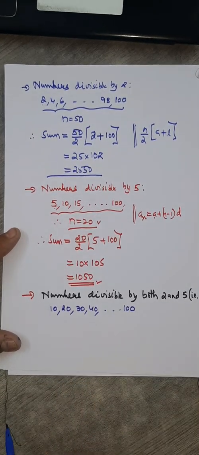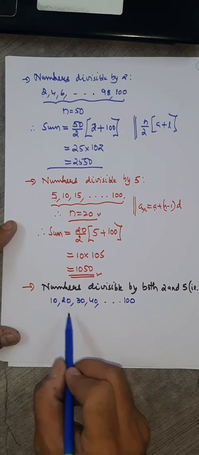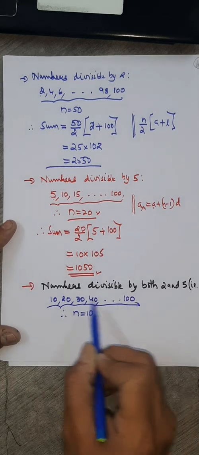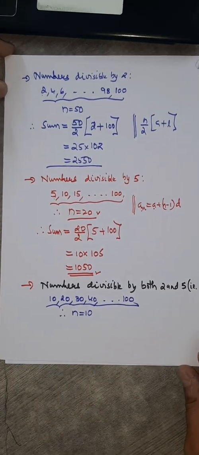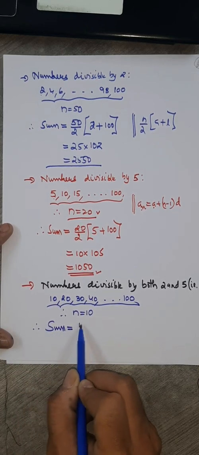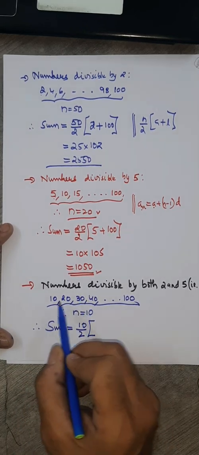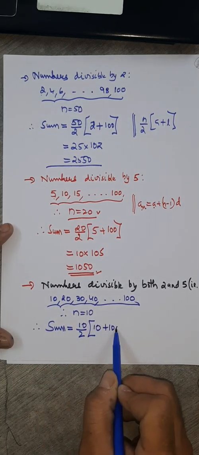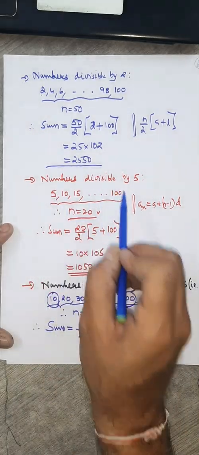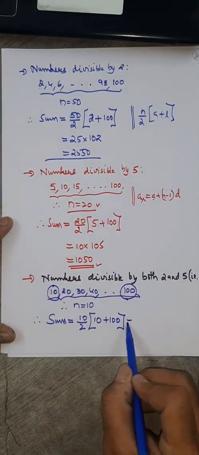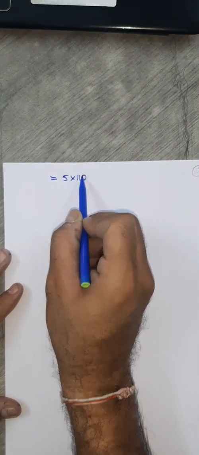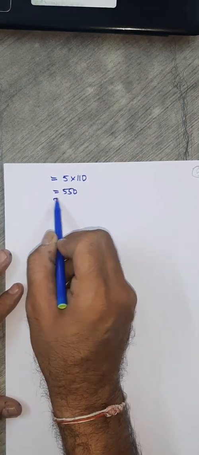The last one is 100. So obviously n equals 10. How many such numbers? 10 numbers, which is very obvious to count, not a big task. So the summation equals n by 2, 10 by 2, into a plus l, 10 plus the last one, 100. This is a, this is l. So we get 5 into 110, which is 550.